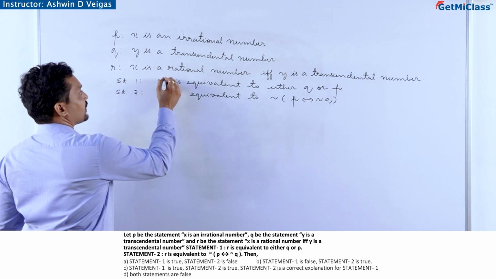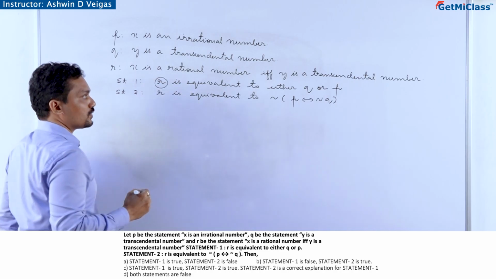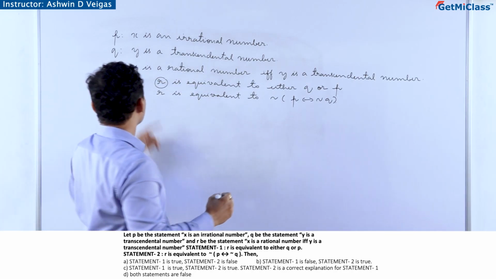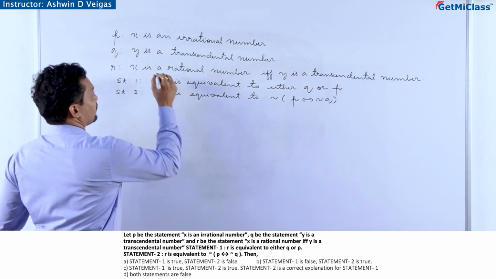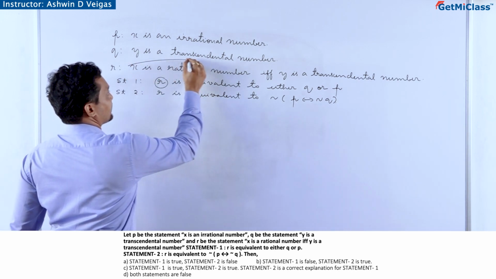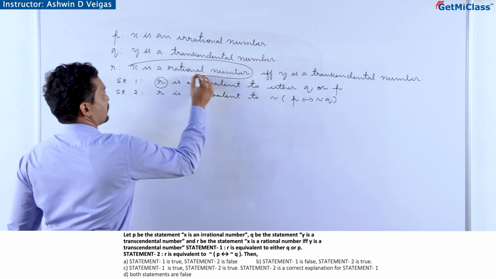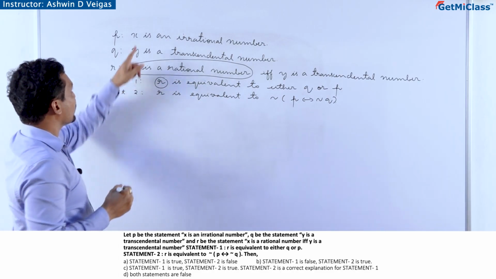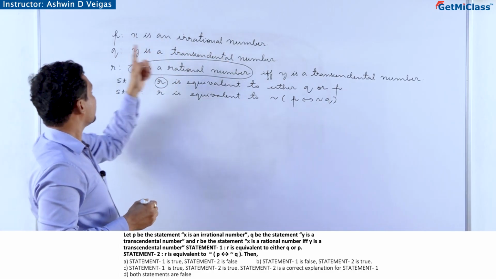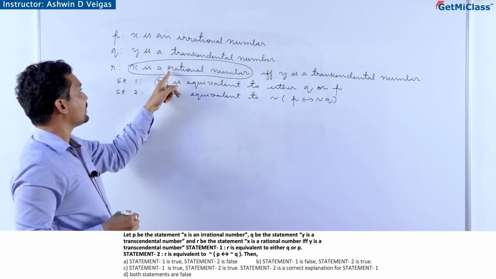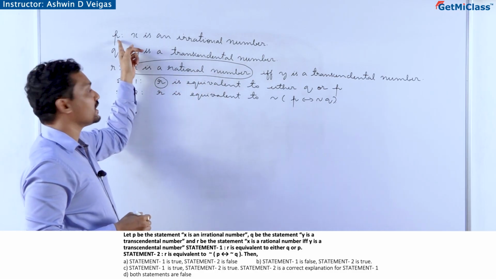Now, first we will see what R is. So, we will try to write the statement R. Now, statement R is, look at this carefully, x is a rational number. Now, x is an irrational number is P, so x is a rational number should be the negation of this.